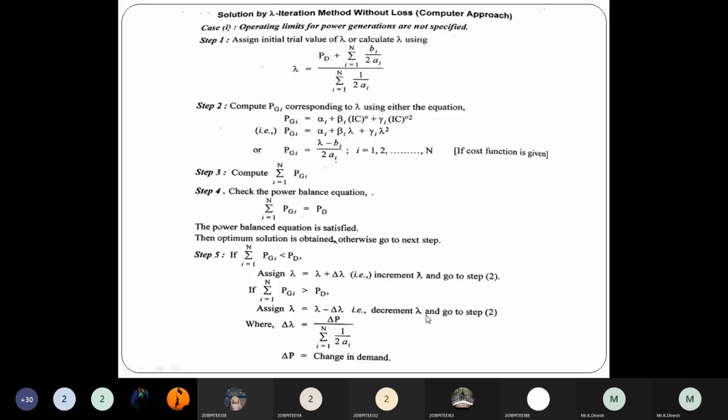If it is lesser, I have to increment my lambda. If it is greater, I have to reduce my lambda. Here del lambda is nothing but del P by the summation of i equal to 1 to n of 1 by 2Ai, where del P is the change in demand. These 5 procedures correspond to the case where operating limits of power generation are not specified.